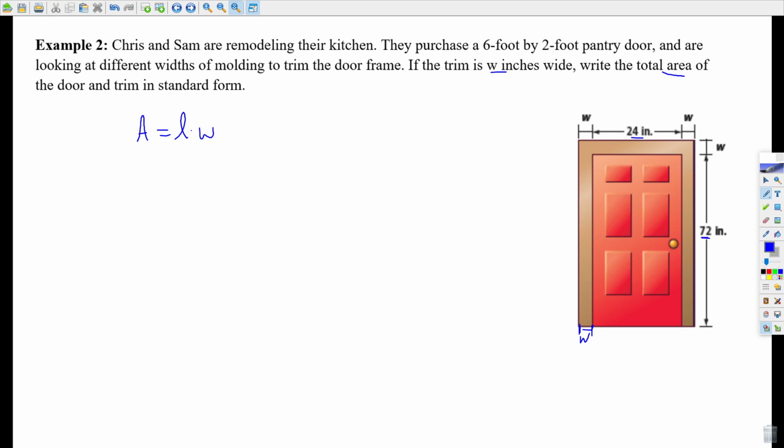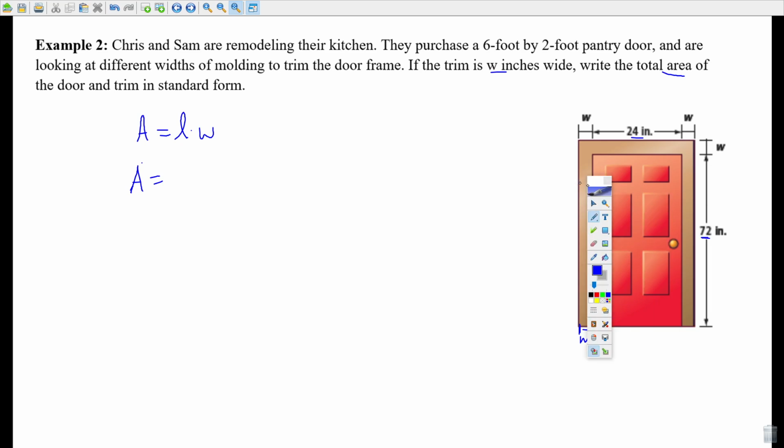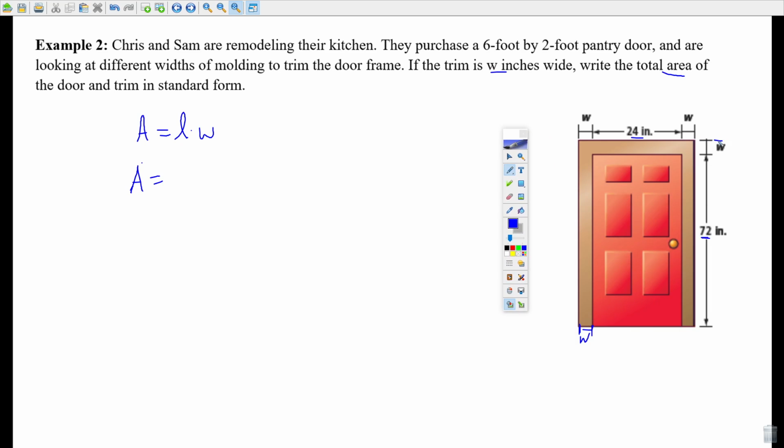So then we're going to look and see on the door in the frame here, what is the length and what is the width? And I'm going to replace that with L and W. Okay, so let's do A equals, the length of it is how tall it is. So we're going to look at this entire amount here, from the very top all the way to the floor, right?